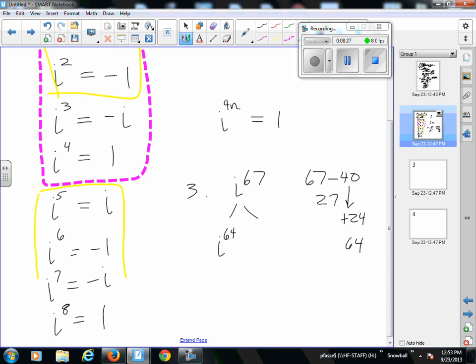And we add exponents, so I to the 64th times I to the third will give us I to the 67th. That 64 turns into 1, and we're left with I to the third. And then we simply use our table. I to the third equals negative I. So I to the 67th equals negative I.